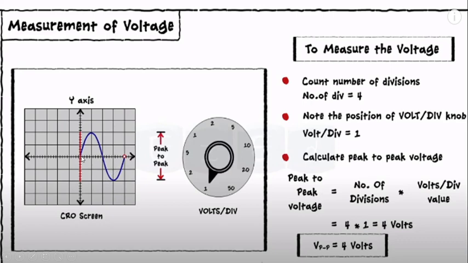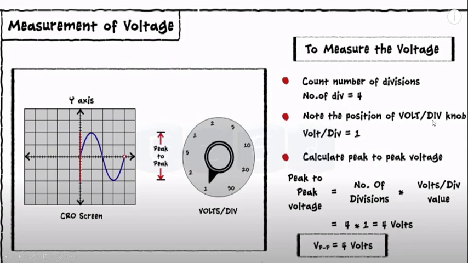For this, count the number of divisions on this waveform. 1, 2, 3 and 4. These are the 4 divisions for one cycle from this figure. So number of divisions equal to 4.